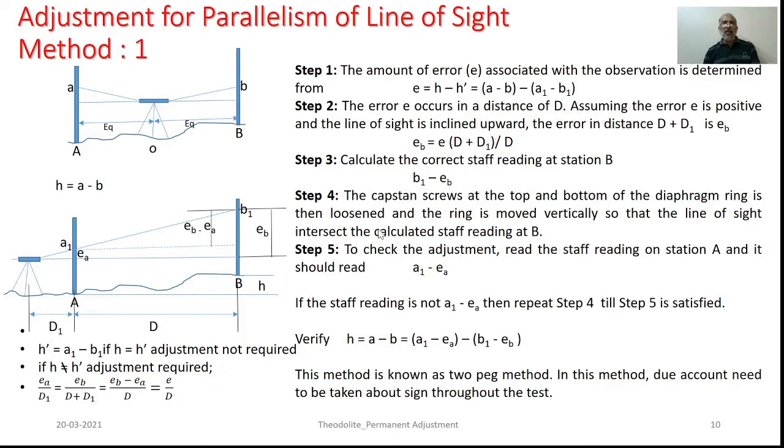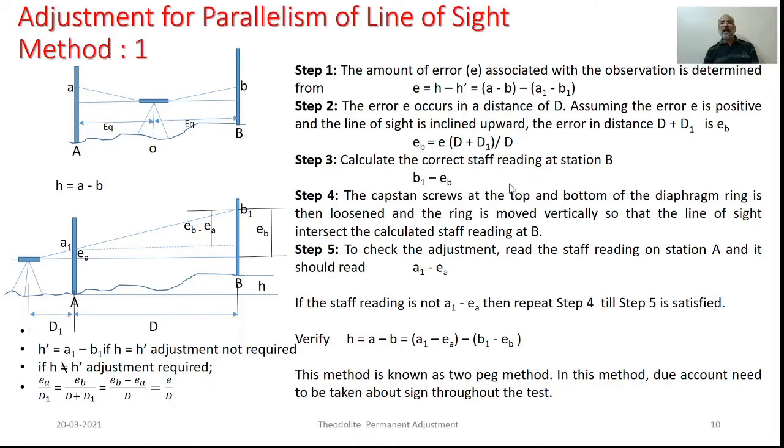Hence, as we work out this particular error at B from the observed staff reading B1, it can be deducted in order to get the correct staff reading which could have existed when the line of sight is horizontal.